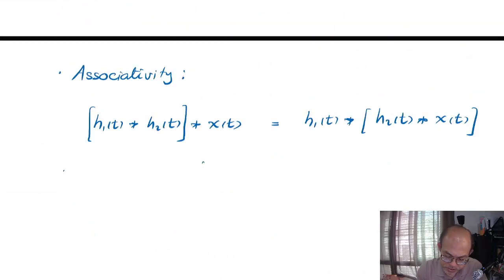The next property is the time shift property that we talked about last time.